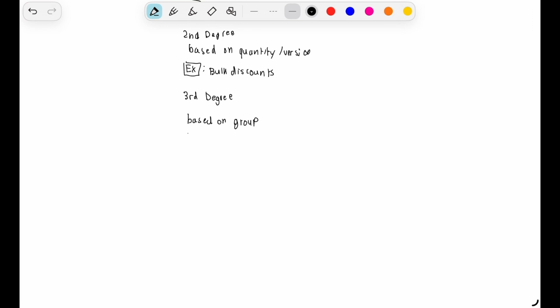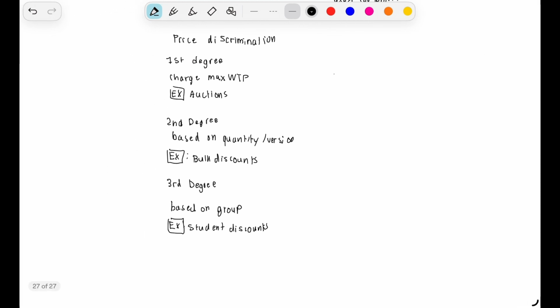For example, these are your student discounts. When you have a low WTP, that's of course a low price. A high WTP means you have a high price.